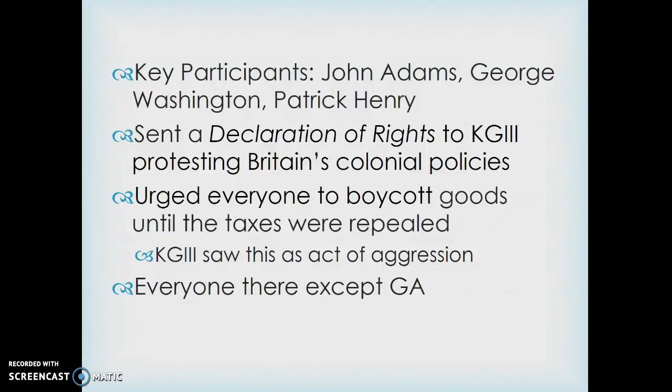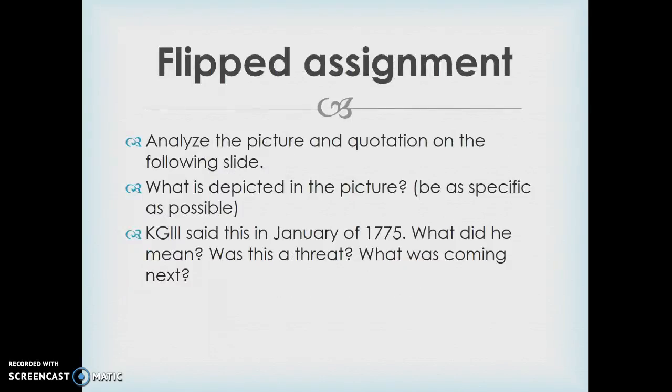They urge everyone to boycott goods until the taxes are repealed. King George sees this as an act of aggression. All of the colonies agree to do this except Georgia, because, Georgia, they never agree to anything. They're not even there for the Constitutional Convention. They're just the worst.